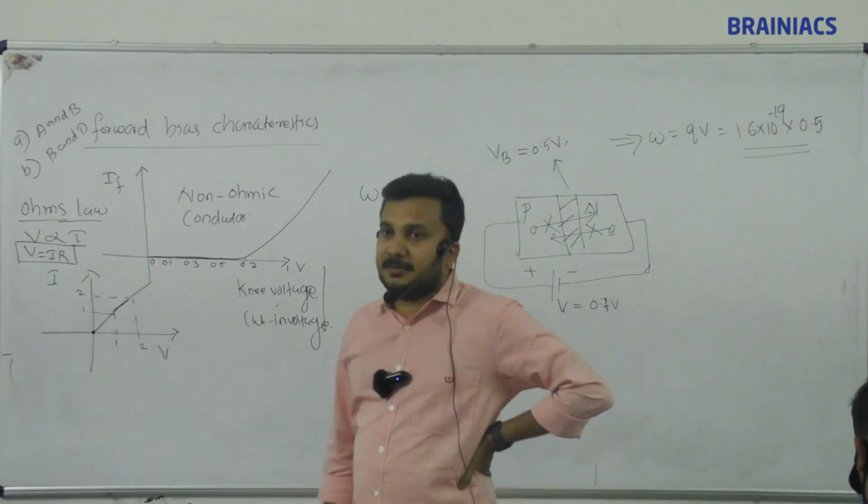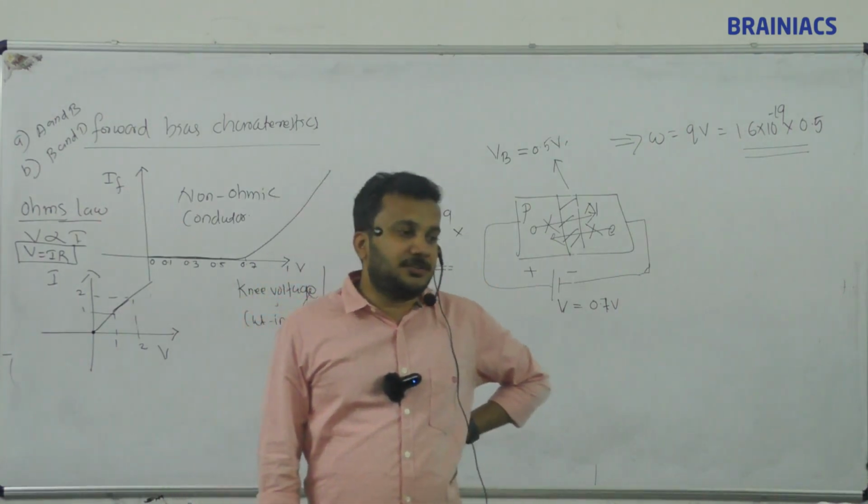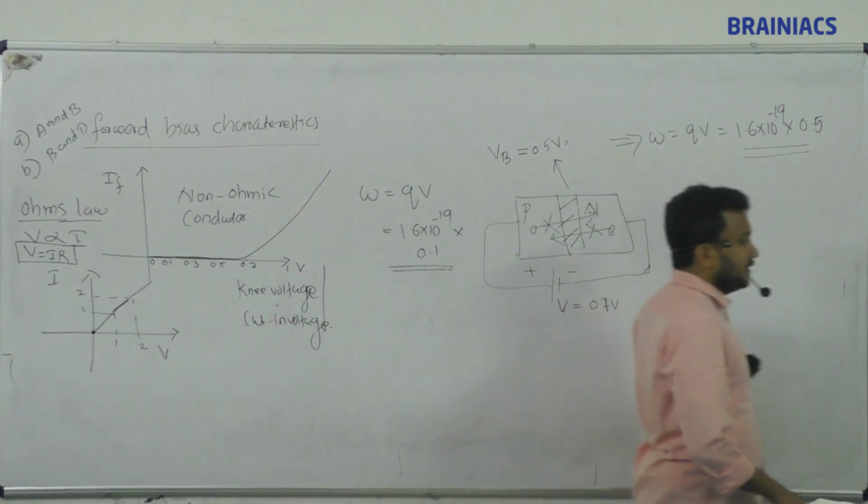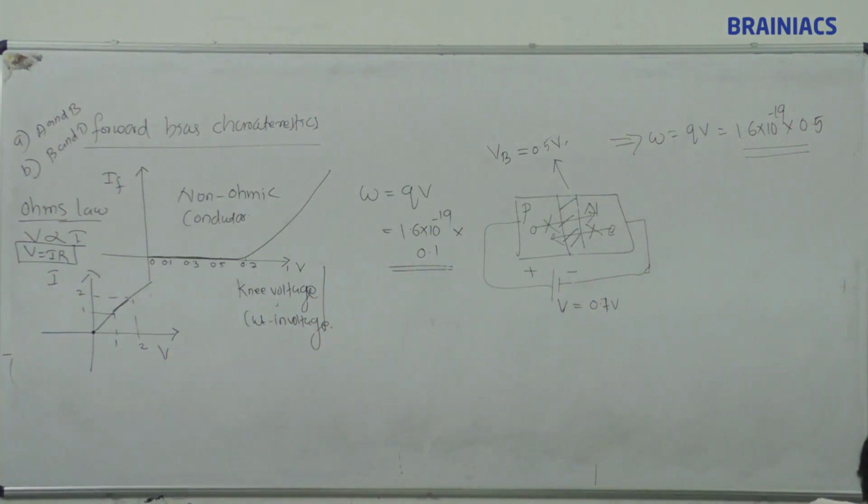When the external voltage crosses the barrier voltage, current starts to flow.